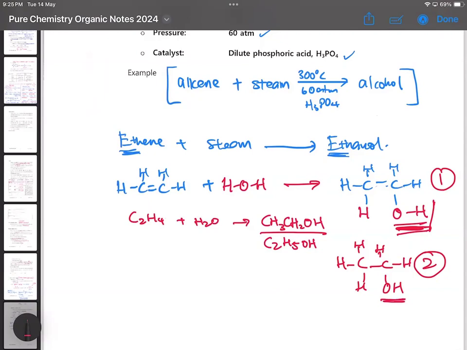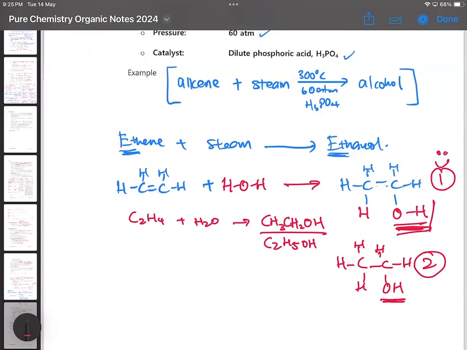Then, should I draw it like this? Actually, I will not draw this because it's dangerous. You don't know the mark scheme. So normally, in all cases, I will try to show all the bonds that are present. I will not condense OH like this. I will normally take structure number one.